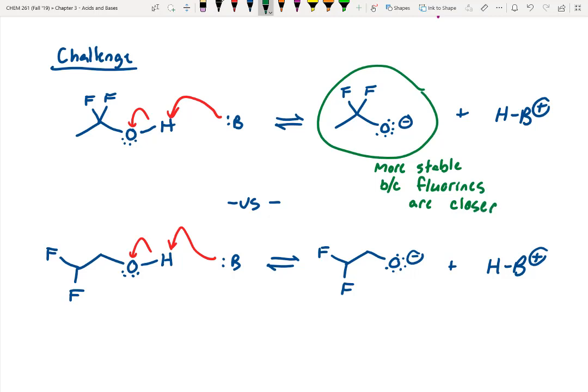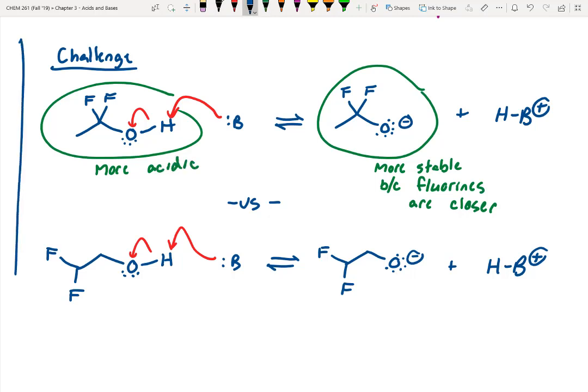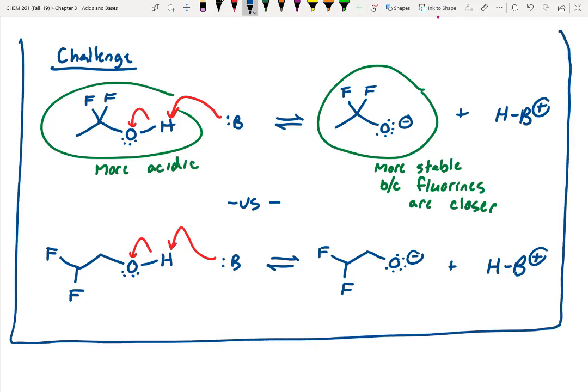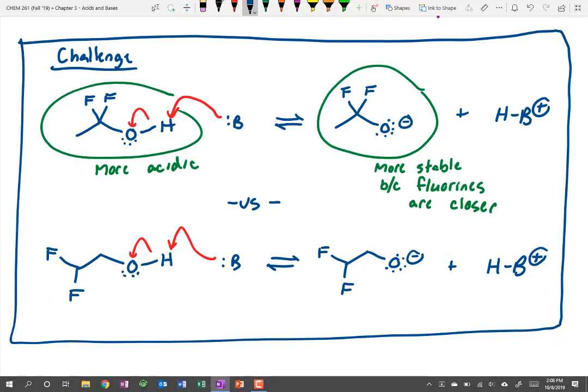That means that this must be more acidic. So it is important to remember that dipole induction also includes this distance effect or proximity effect. The closer that negative charge is to electronegative atoms, the happier it's going to be because those electronegative atoms will tug on that electron density. All right, let's do another one.